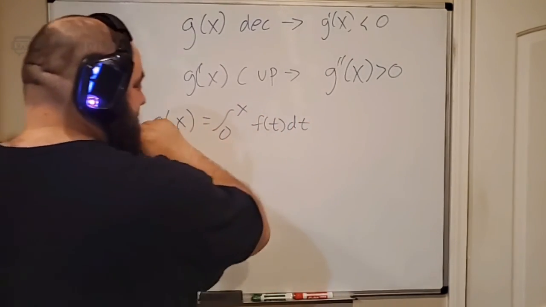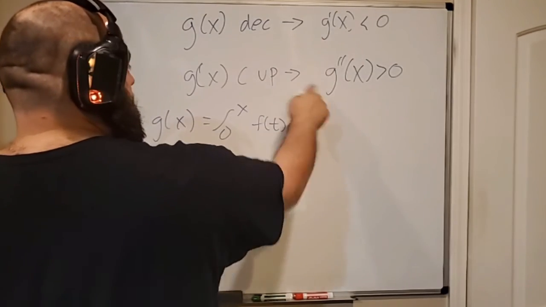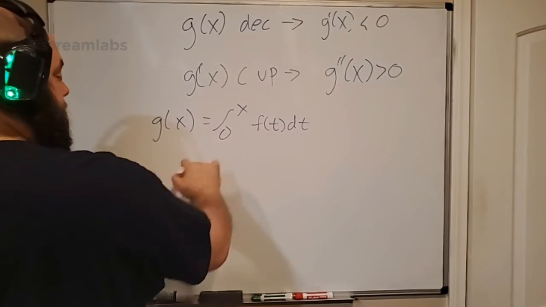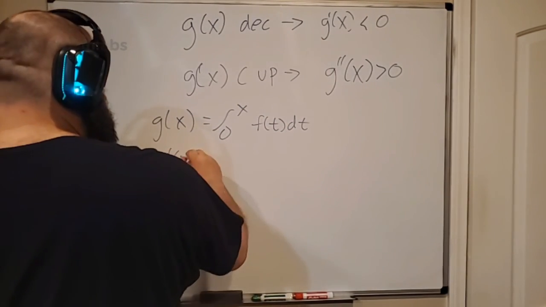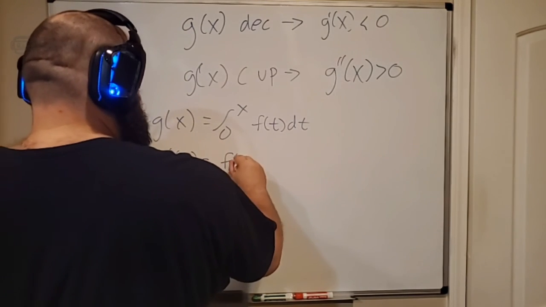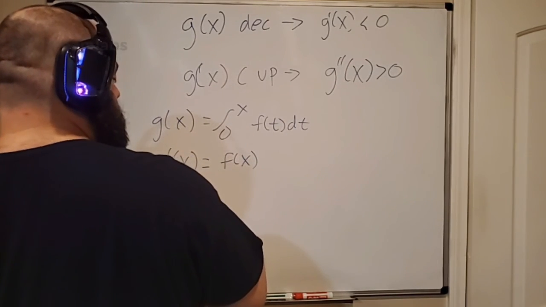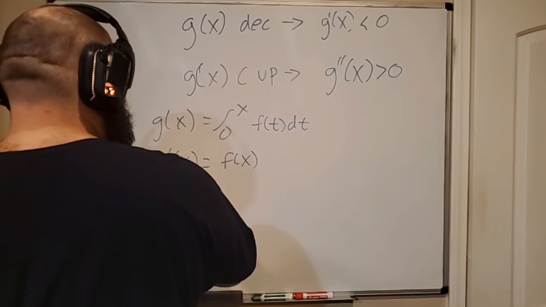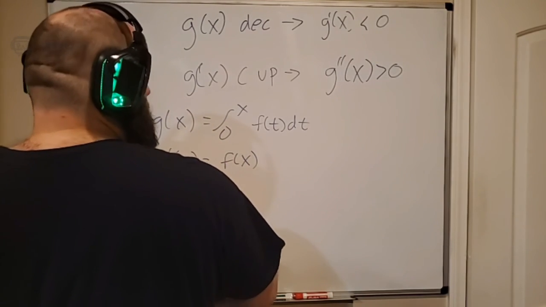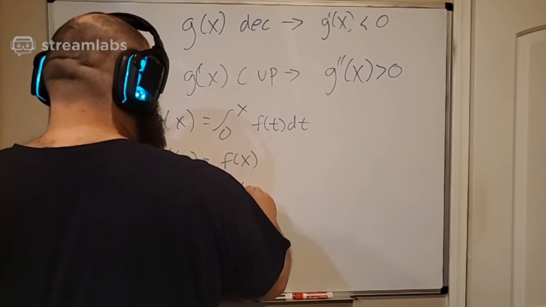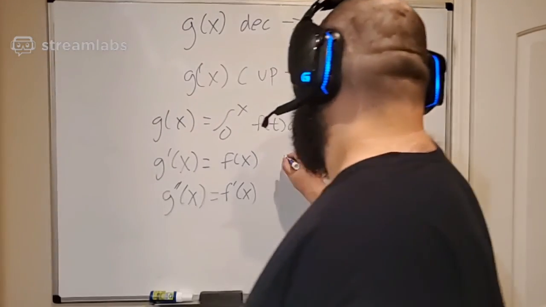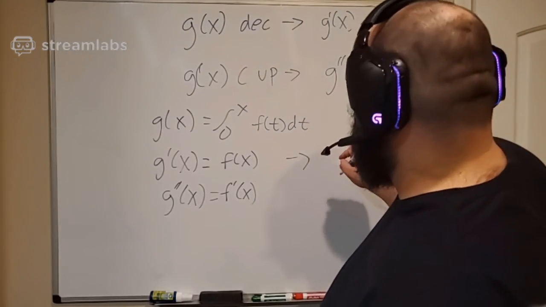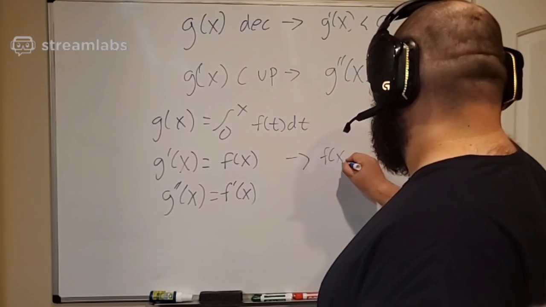So g prime of x will be equal to f of x, and then g double prime of x will be equal to f prime of x. So I want to know where f of x is less than 0, because we're doing decreasing. My bad.